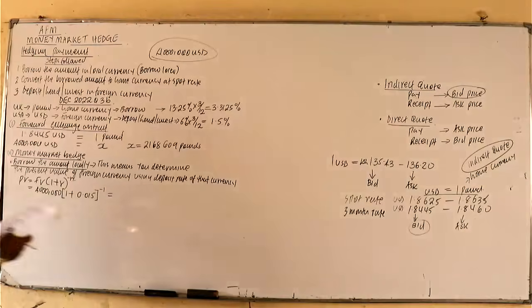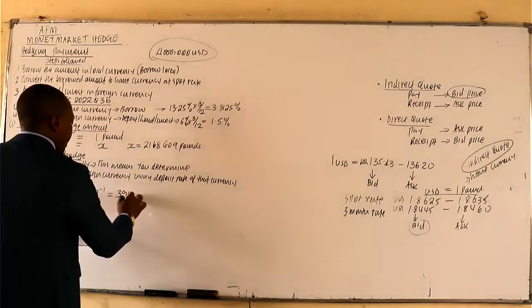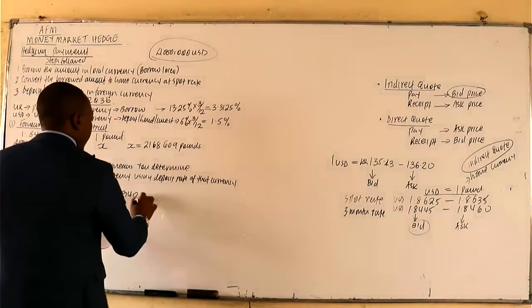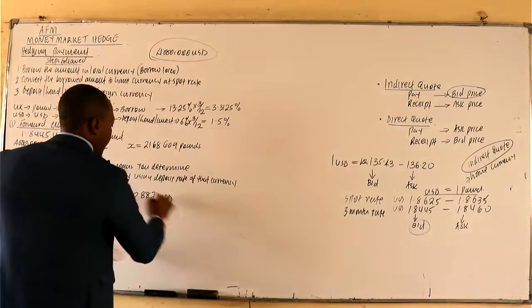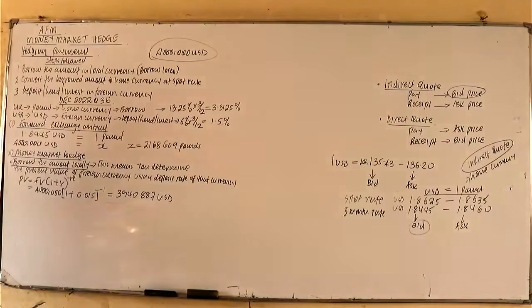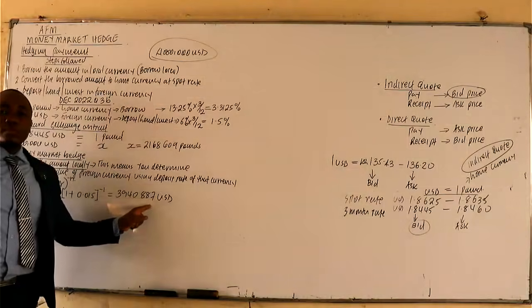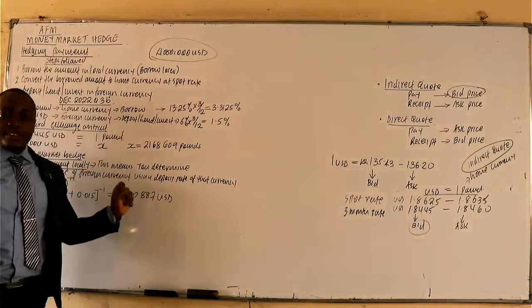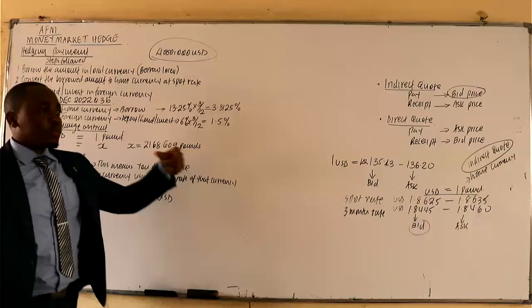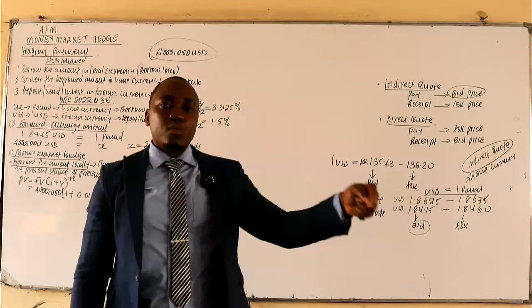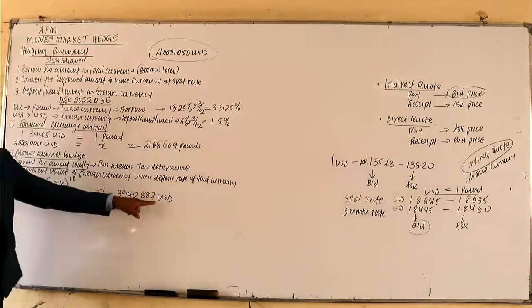In this case, the present value, you get an amount of 940,887 USD. If you are to borrow now, this is what you need to borrow, because the 4 million you expected to pay after 3 months.